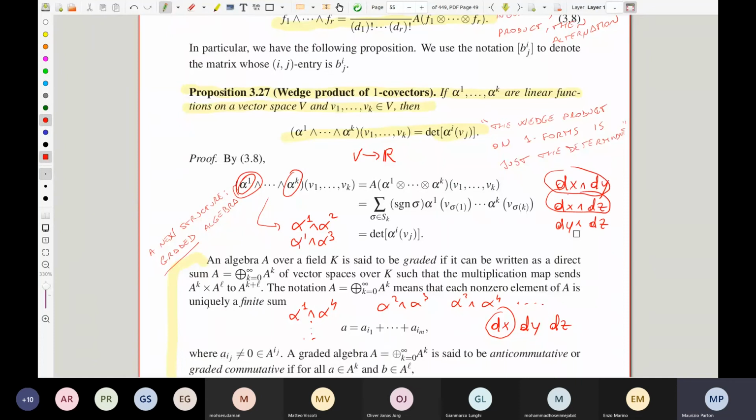No? Okay. This is a way to generate 2-forms. And of course, you have one 3-form, which is dx dy dz, and no 4-forms. Because if you think about it, the form dx wedge dx must be alternating, and so it must be 0.